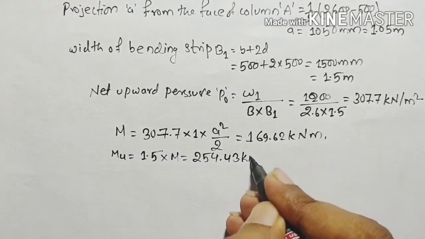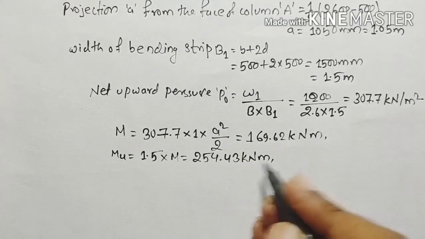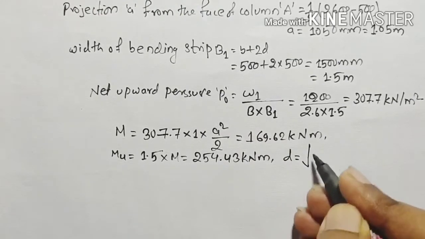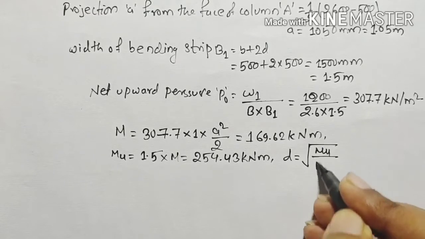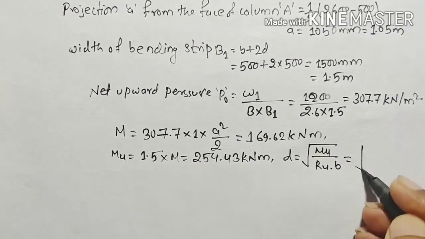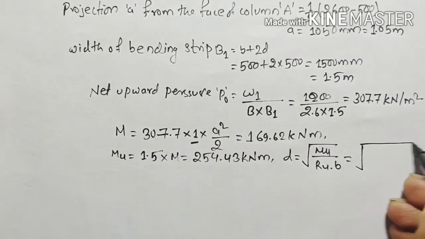254.43 kilonewton meter. To find the depth, D equals root under Mu by Ru times B, and here we take B as 1000 millimeter because we have taken a 1 meter span.